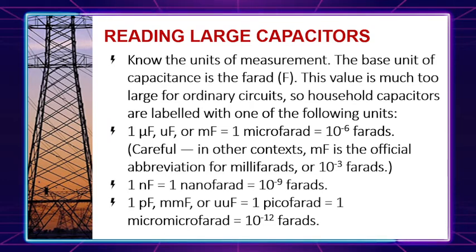So let's get to know the equivalent value for this unit of capacitance. 1 picofarad is equal to 10 raised to 12 farad. Okay, so those are the labels or units for capacitance.